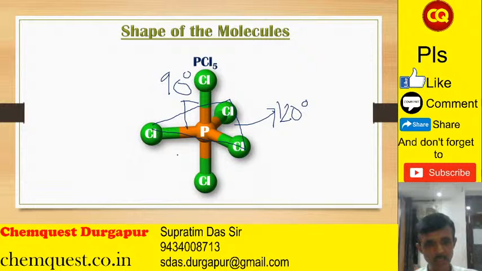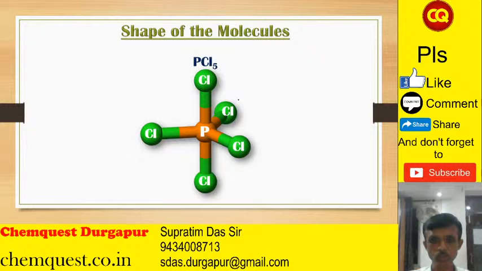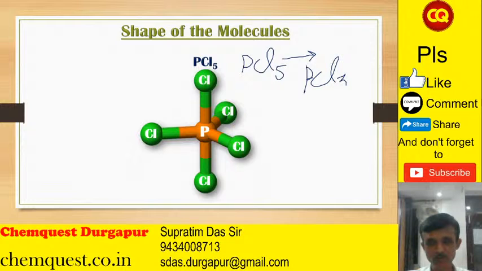Another very important piece of information in the PCl5 case: if PCl5 dissociates, it gives PCl3 and chlorine gas. Very interesting. Which chlorine part has been removed from the PCl5?